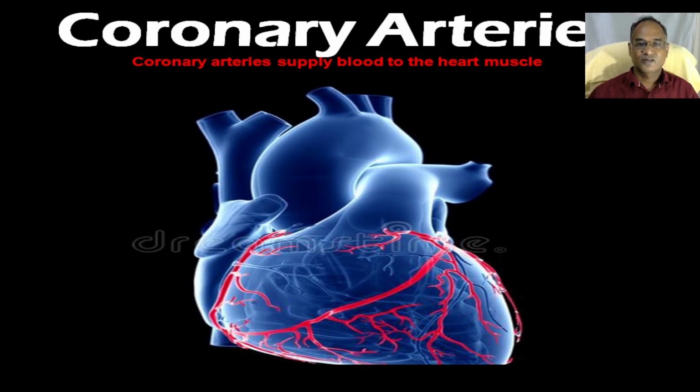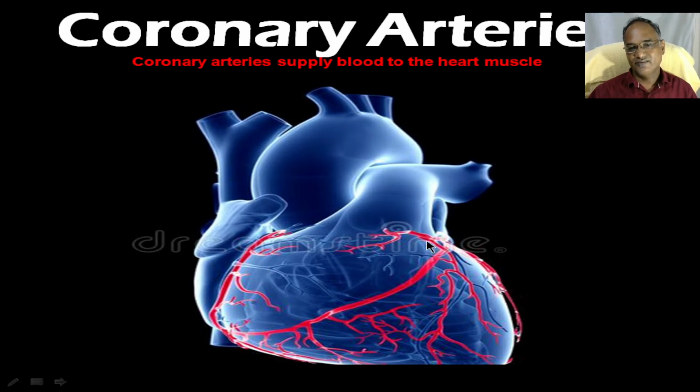Okay, in this picture you can see the left coronary artery very well. It has three main branches. The right coronary artery has only two branches, covering the right side of the heart, the SA node, the AV node, and the septum.